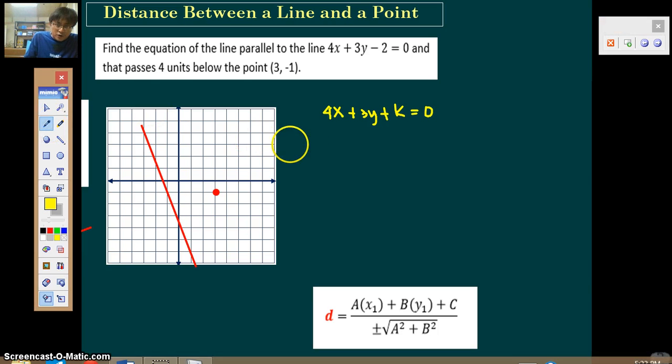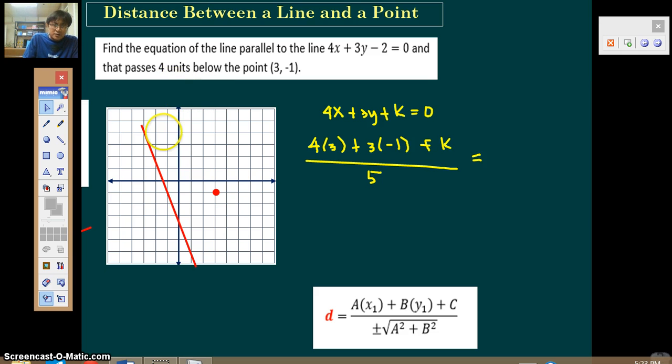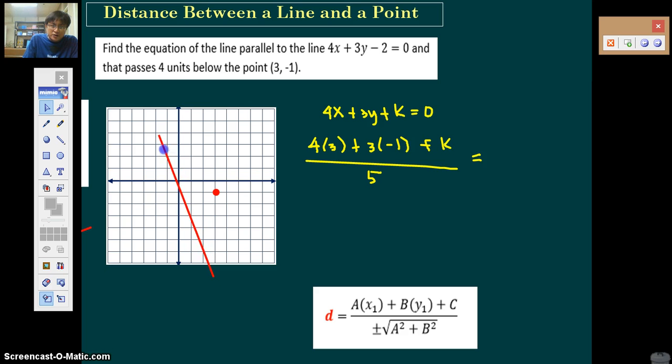So we have here 4 times 3 plus 3 times negative 1 plus k, now all over 5. It's still 5 because the sign of b is positive. Now, the line that we're looking for will pass 4 units below the given point.